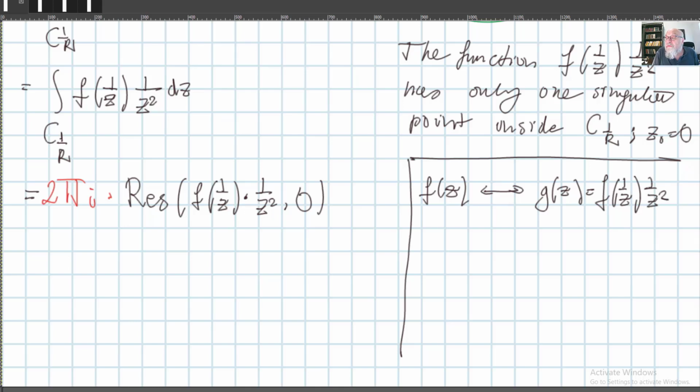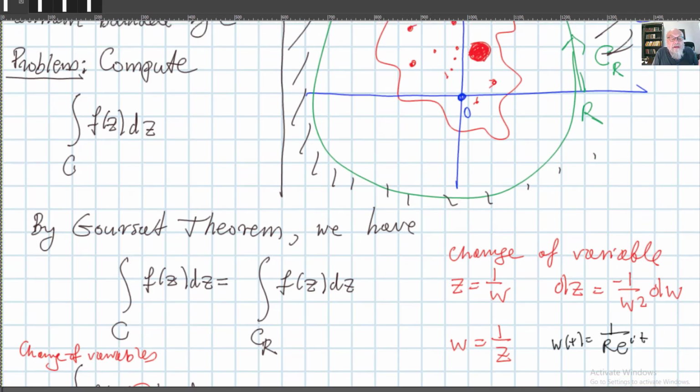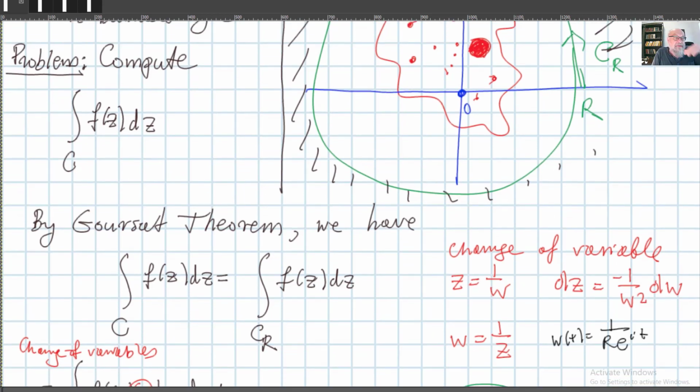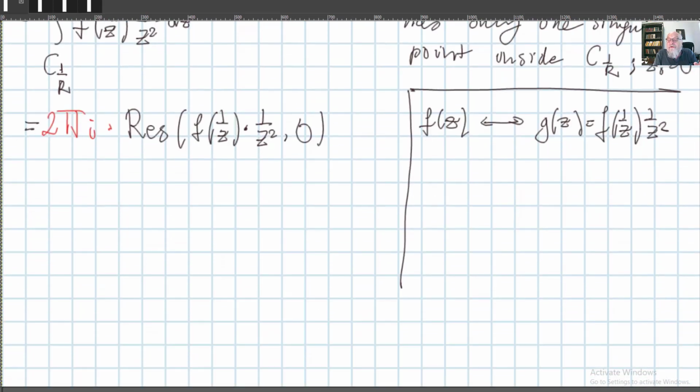If you have this integral, you may have many residues of this function, possibly many of them inside the contour C. But now you have reduced the computation of all these residues to one single point, the origin, z0. You compute this residue and you get immediately the value of the whole integral.